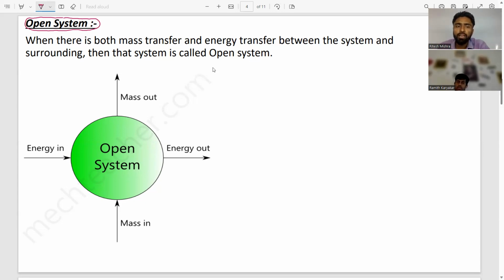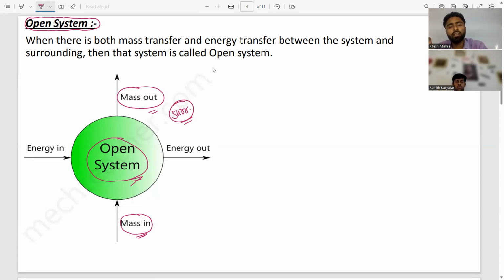Now let's see the image here. As you see, in the open system, mass will enter into the system, and mass will leave from the system to the surrounding. This is your system, and this is your surrounding.